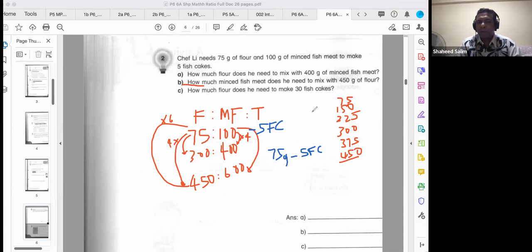You want 30 fish cakes. So from 5 to 30, you must times by 6, right? 5 times 6 is 30. So do the same thing to 75. 75 times 6 is what? 450. Is it correct? Correct.